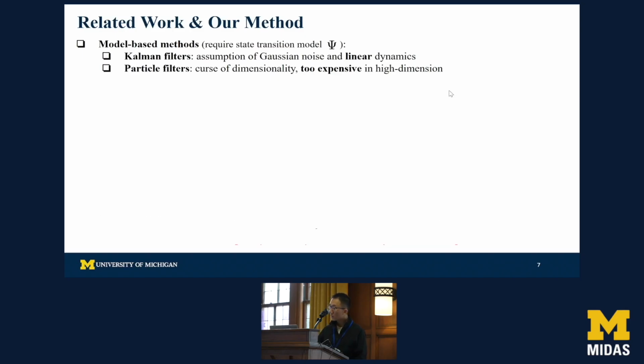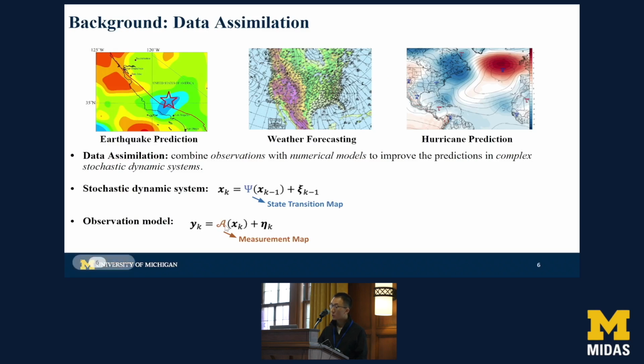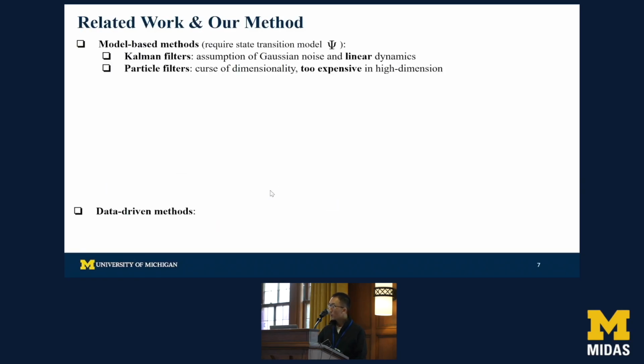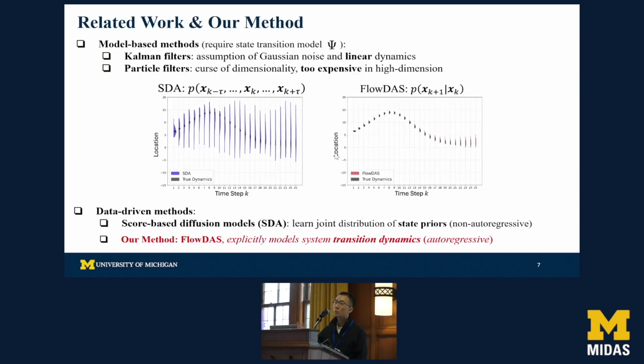In other words, our method is not estimating the joint distribution, but the state transition map between each state. And once we estimate the state transition map, we can do the state estimation in an autoregressive way, right? So say we estimate one state, and then we predict the future states in an autoregressive manner, just following this kind of state transition map estimation.